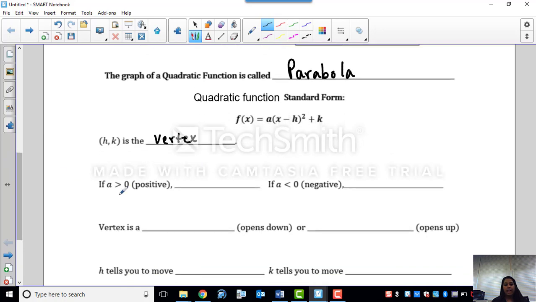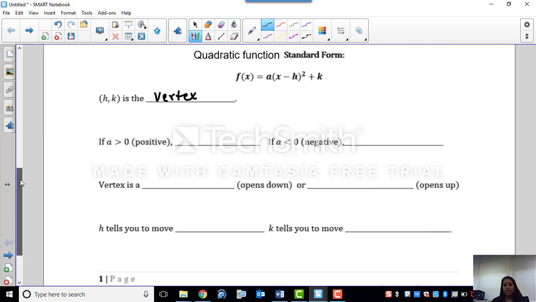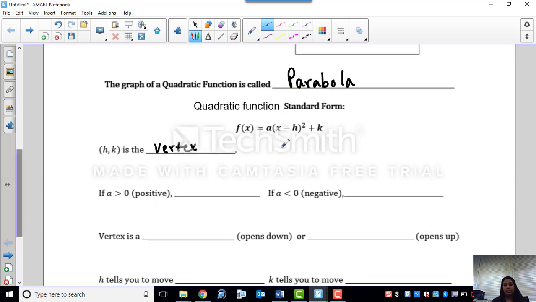And if a is greater than 0, meaning this number is positive, the parabola, the U-shape, opens up. If a is less than 0, if a is negative, it opens down.